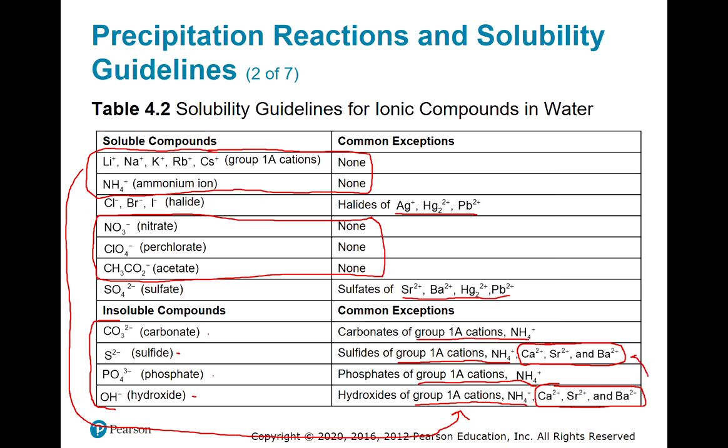So those cations show up here as the exceptions to the generally insoluble trend of sulfides and hydroxides. If you don't have one of these four anions, then you're probably going to have a soluble compound, and the only exceptions further along the line there would be with your sulfates here and your halides here, for these two things here.